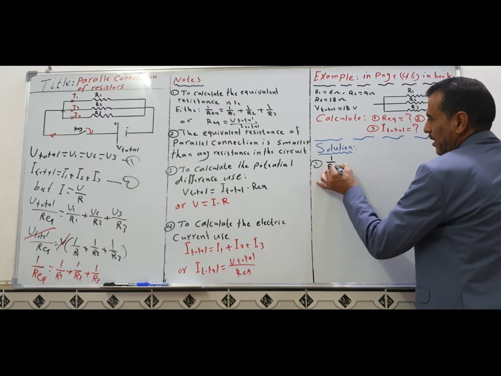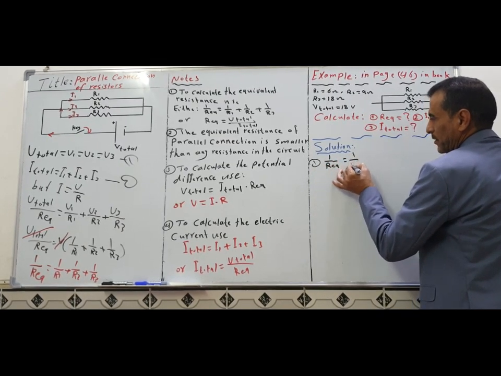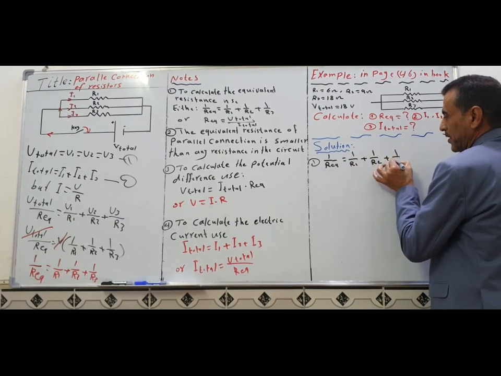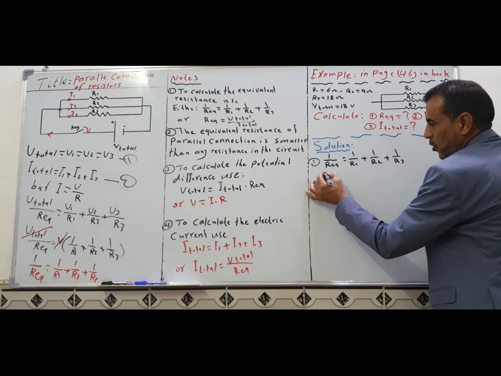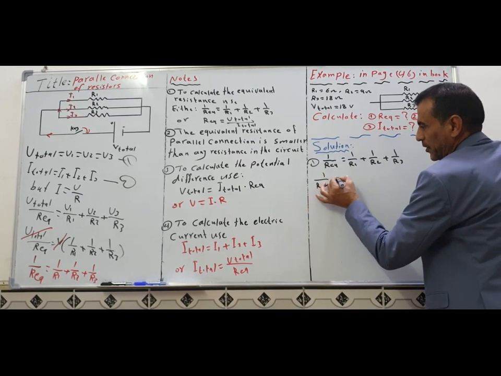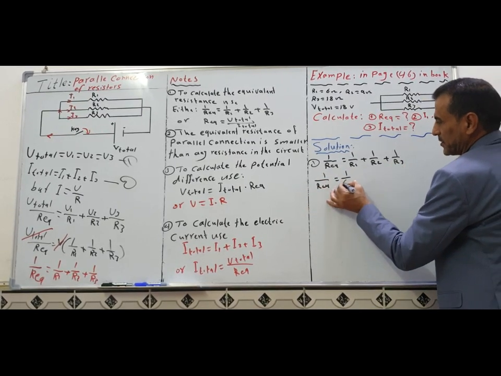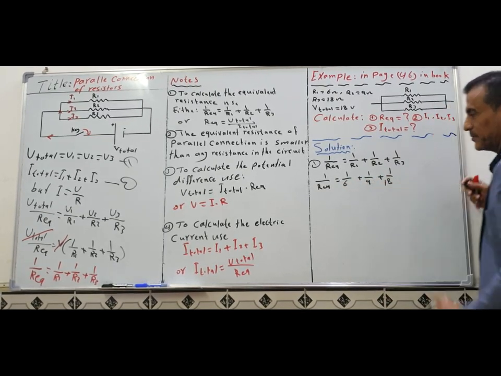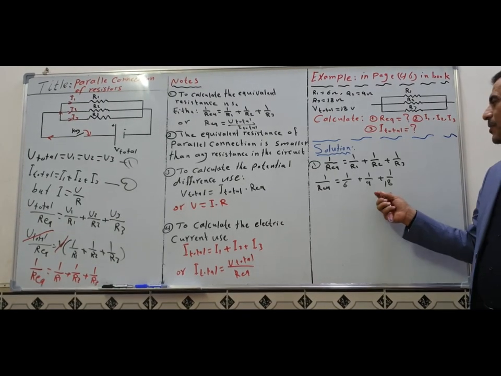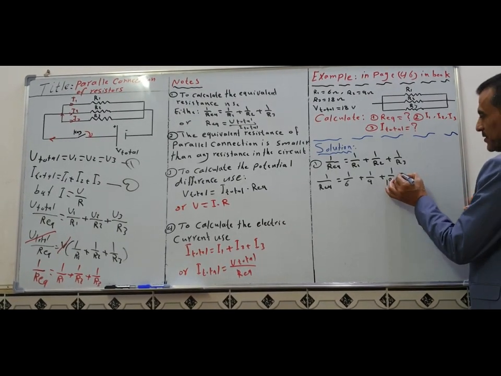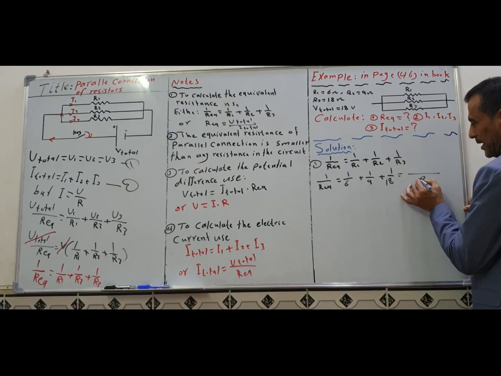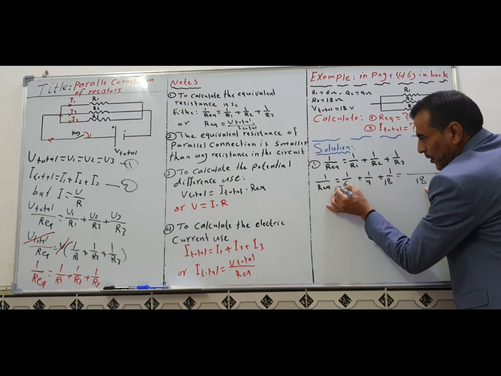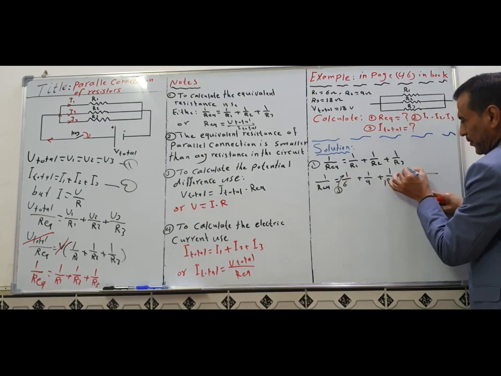1 divided by R equals 1 divided by R1, R2, and R3. 1 divided by R equals 1 divided by 6, 9, and 18. By taking the common multiple, which equals 18: 18 divided by 6 equals 3, 3 times 1 is 3.